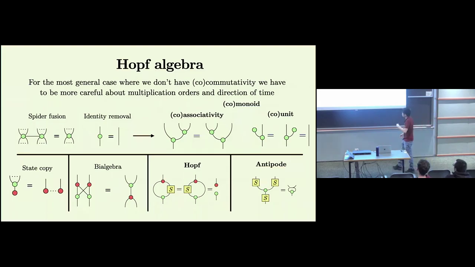And in a Hopf algebra, you just have one green guy and one red guy together. The only other ingredient you need is something called an antipode. In the Z2 case, we didn't see that. But the antipode is, in the group case, just inverting every group element, and this is just keeping track of that. The Hopf rule is a modification where you have to add the antipode here.